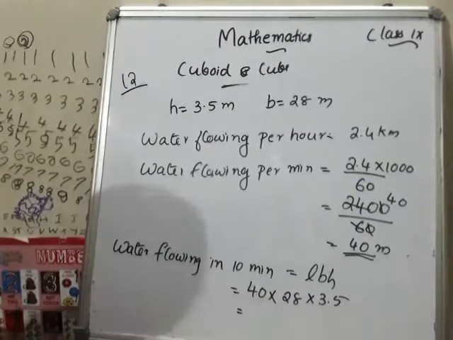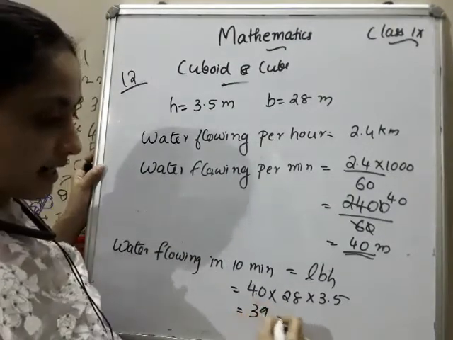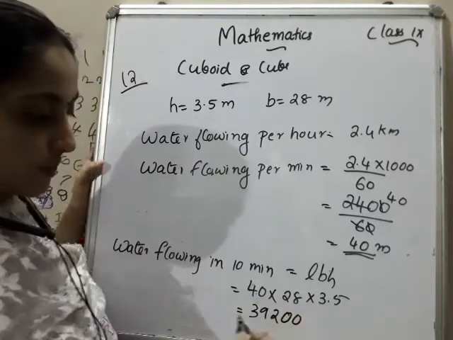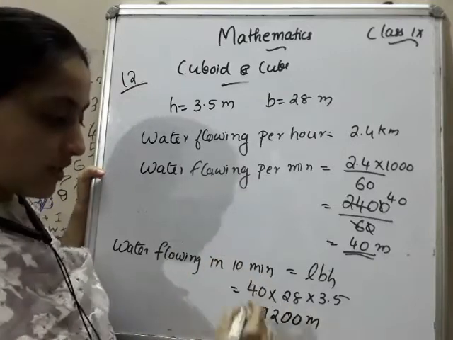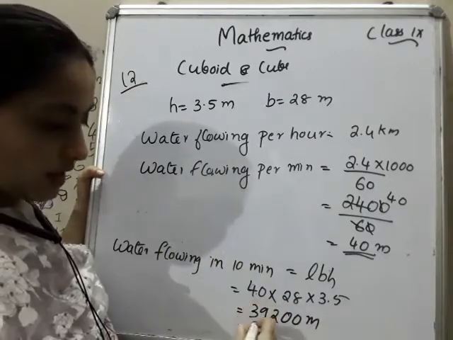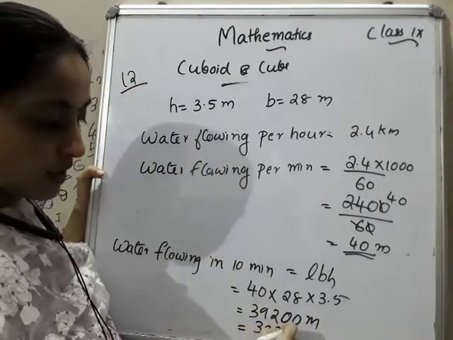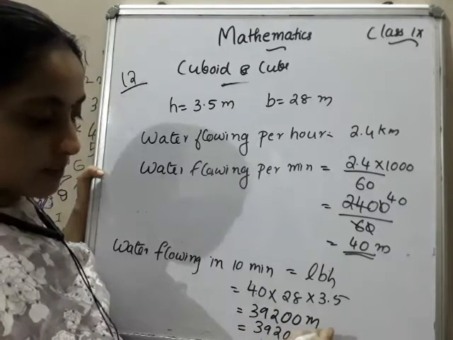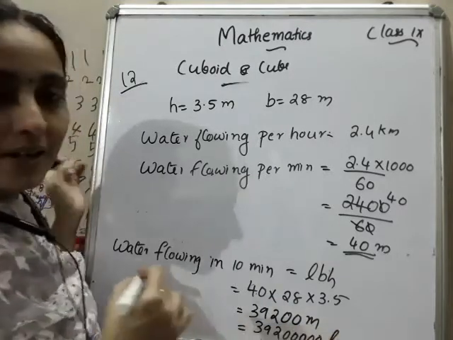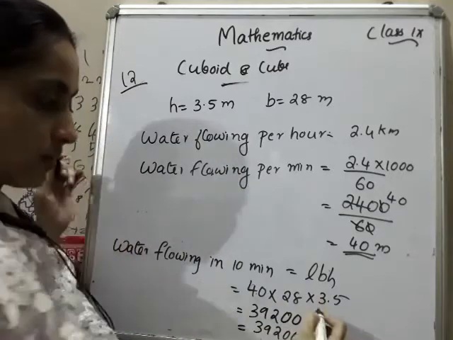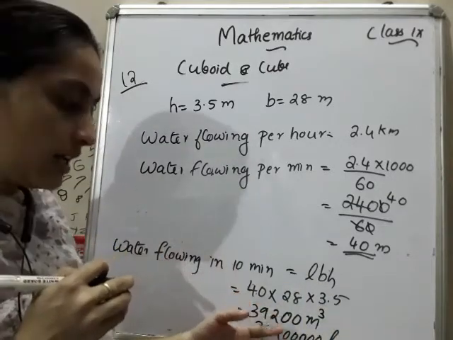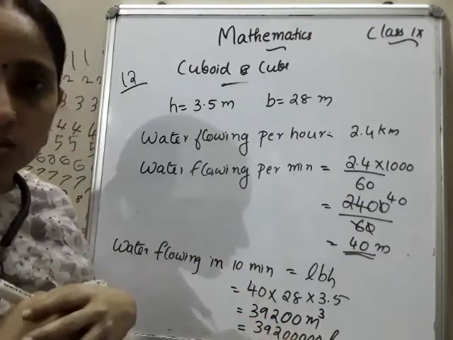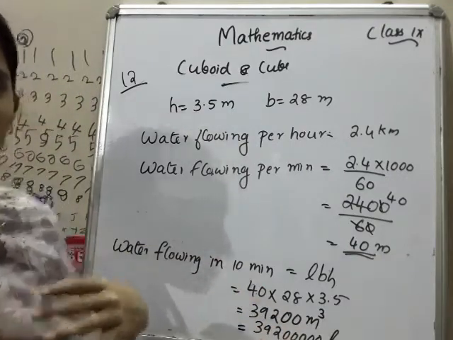While multiplying, you get the answer as 39200 meter cube. So you have to convert that into liter. Meter cube to liter is into 1000. So you have to multiply it by 1000. That is our answer.